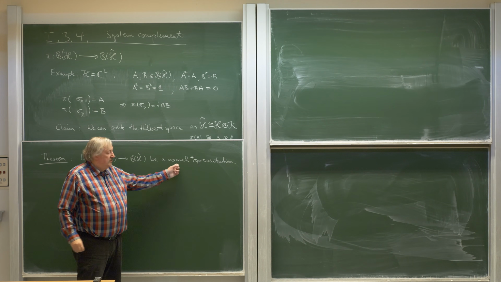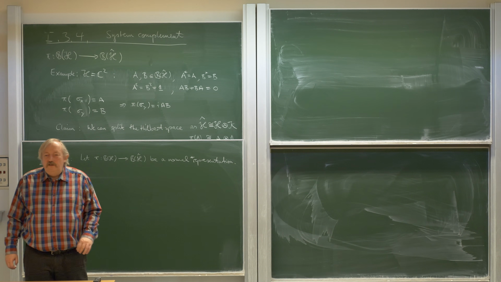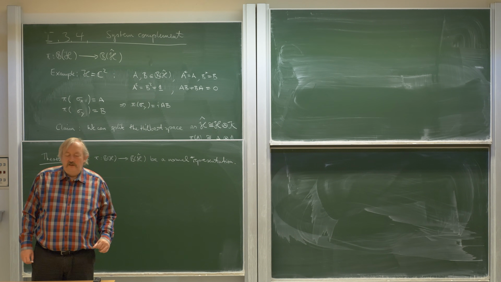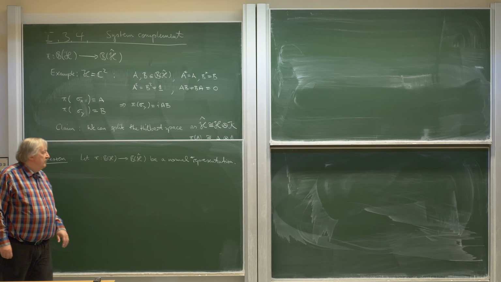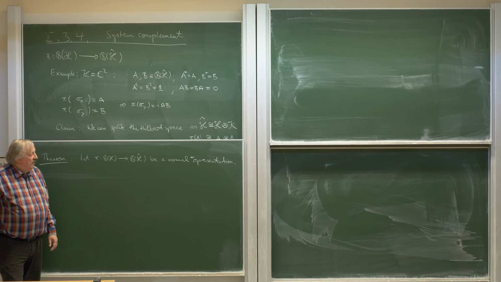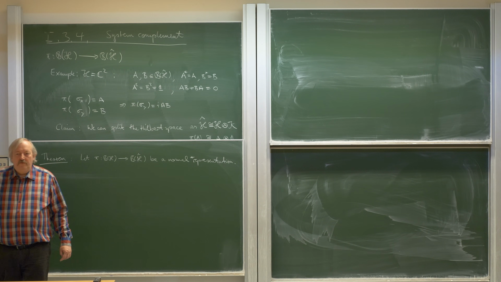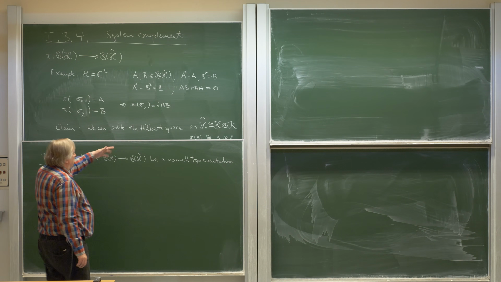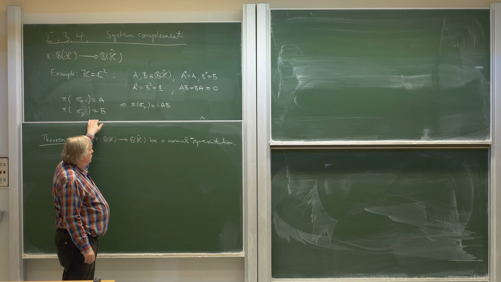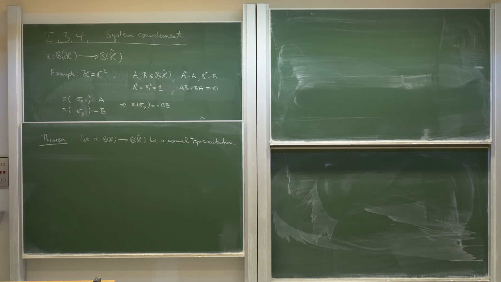Now there's a difficult word appearing here, normal. That is a continuity condition for the representation, which is only relevant in infinite dimensional cases. Basically, it means that this is a continuous map in a topology that is defined by the expectation values with so-called normal states, that is with density operators.